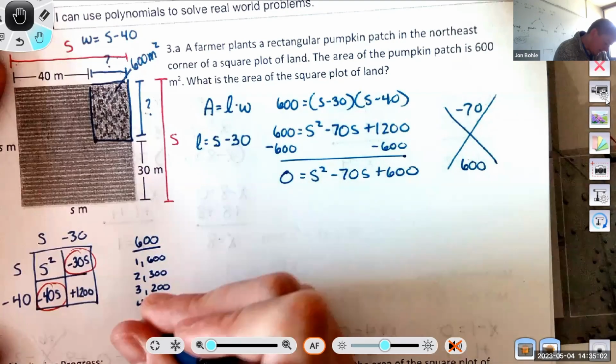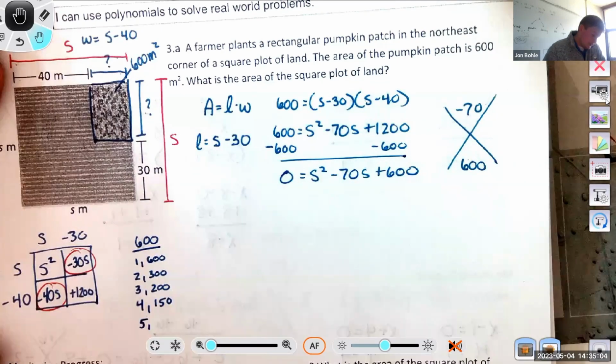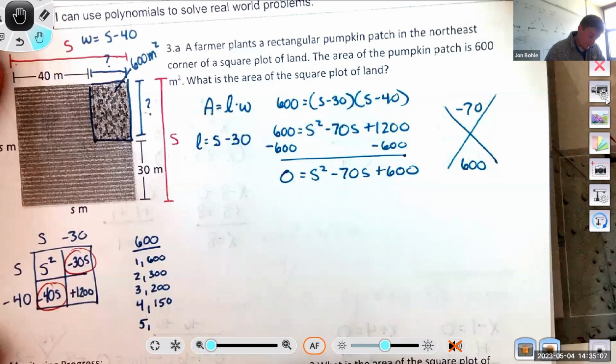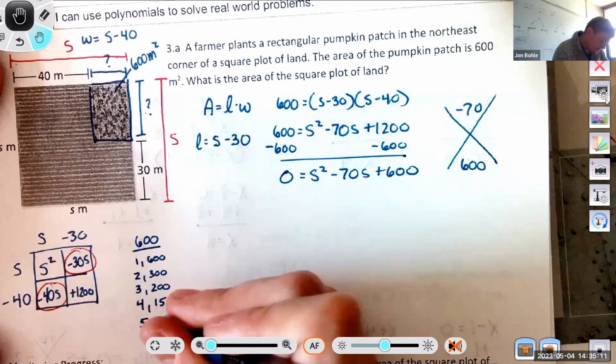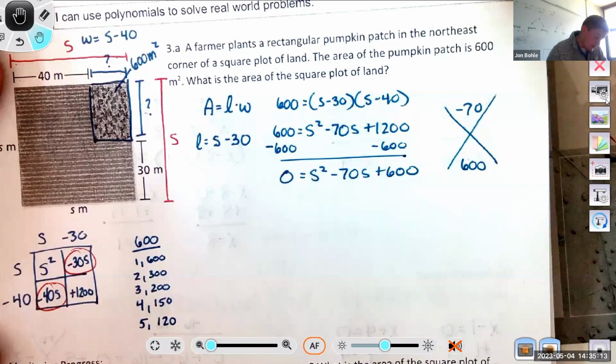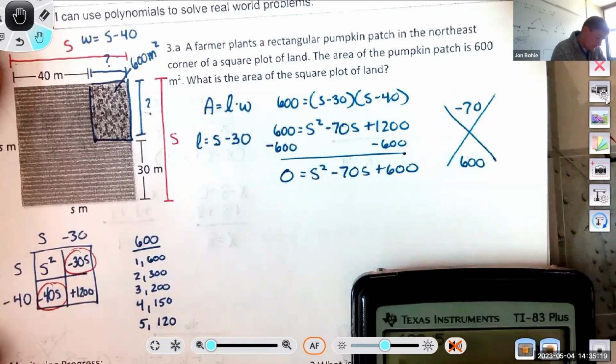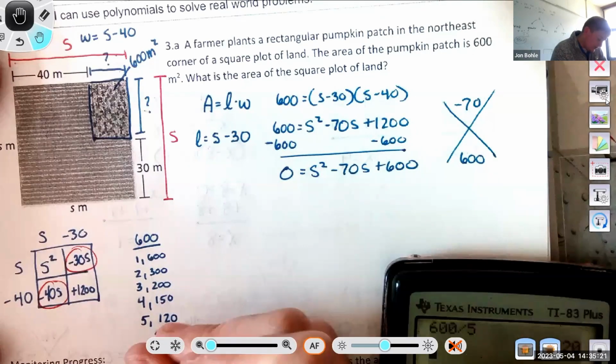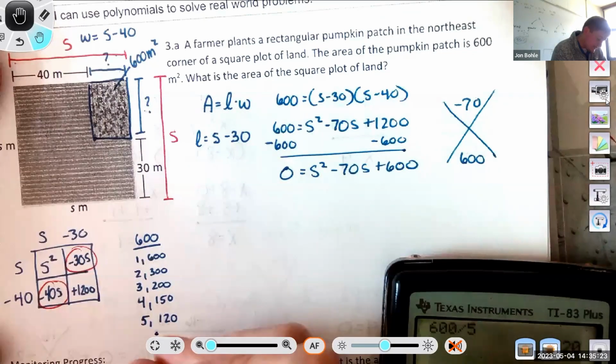Okay, 5 and, I'm having a brain fart doing too much mental math, 120. But then eventually you are just going to be continuing on down this road. And eventually you're going to get to 10 and 60.